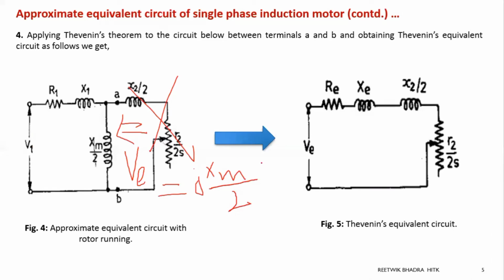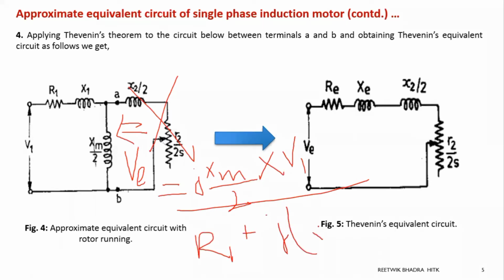Voltage divider rule, total voltage V1 by sum of the impedances. So R1 plus j taken common X1 plus Xm by 2. So V1 into jXm by 2 divided by R1 plus jXm by 2 will give you this VE.